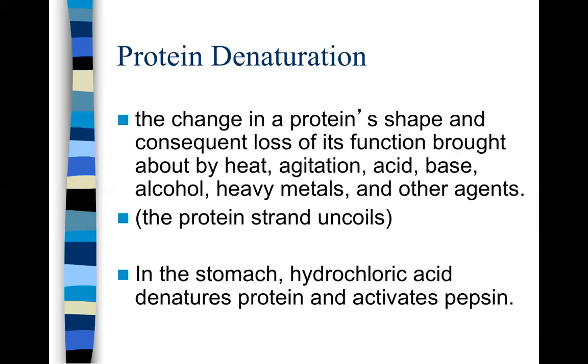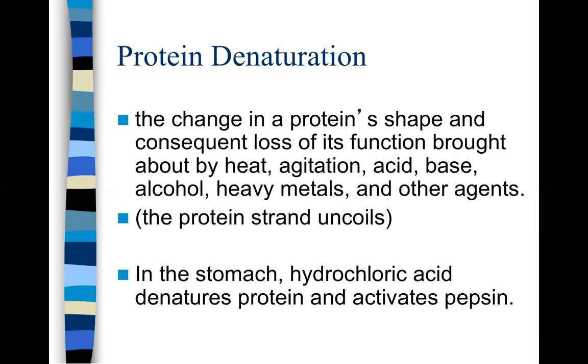Some things that affect proteins and can denature them or change their shape include heat, such as cooking, agitation, such as whipping, acids, maybe something like lemon juice, bases, alcohol, heavy metals, which hopefully we're not exposed to, and many other agents.